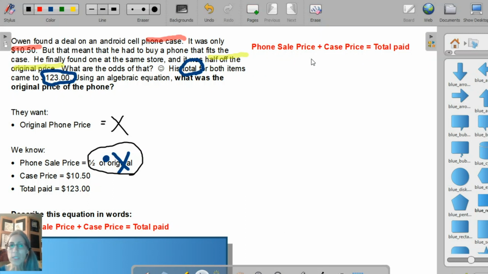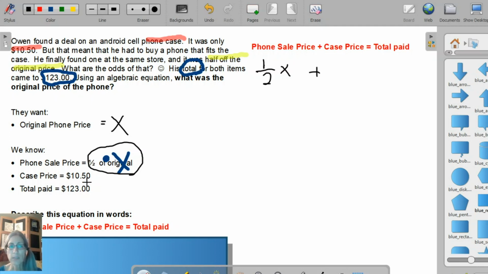So the phone sale price, we can see that our phone sale price down here is 1/2 of the original, which we said was X. So 1/2 of X. And remember, this X belongs in the numerator actually, plus the case price.